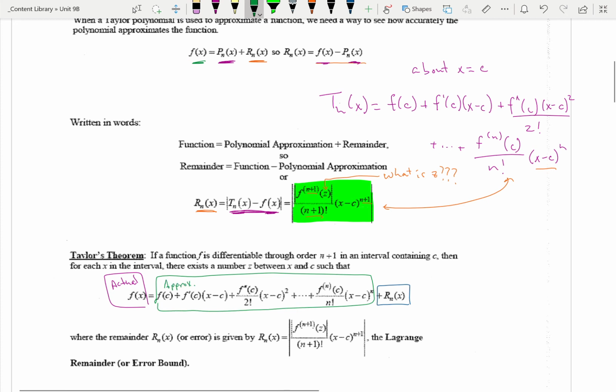Okay, so this would be, again, that r being the remainder, the leftover stuff. And what we're saying here is that the remainder is going to look like that next term in the Taylor polynomial, except we don't know what value to evaluate the n plus first derivative at. This mystery value z is definitely going to be some value, and that value must be some number between x and c.